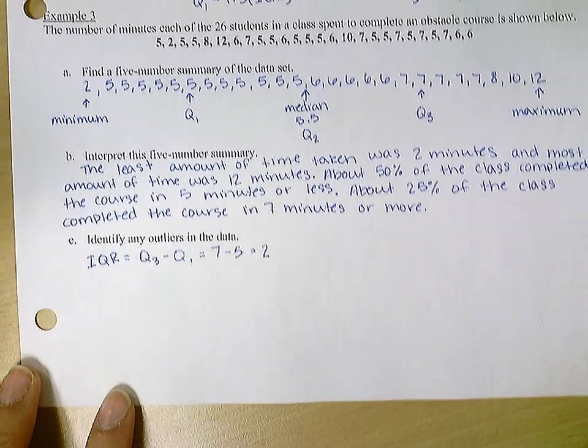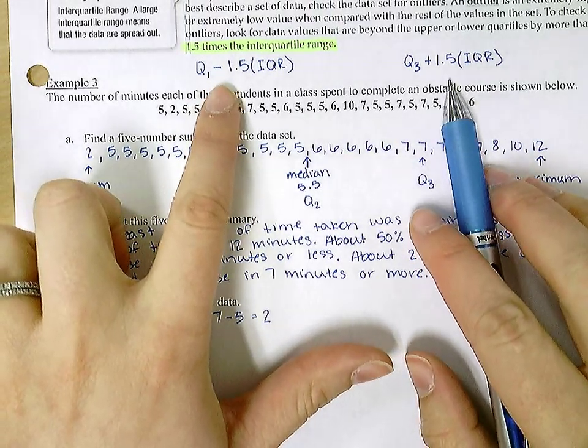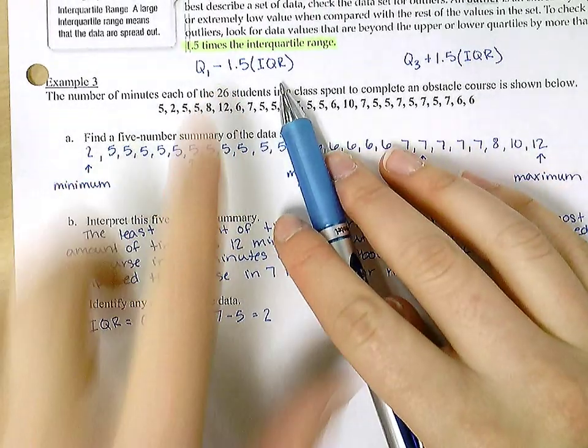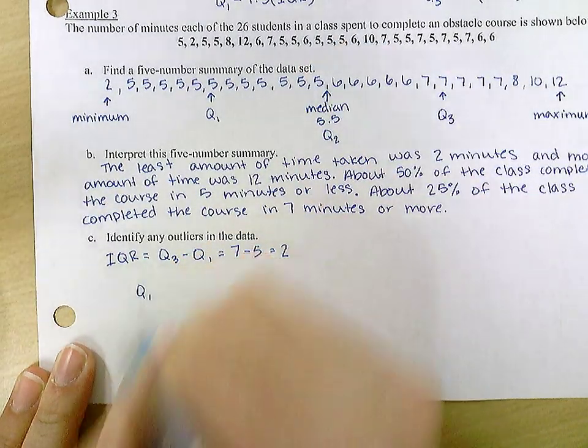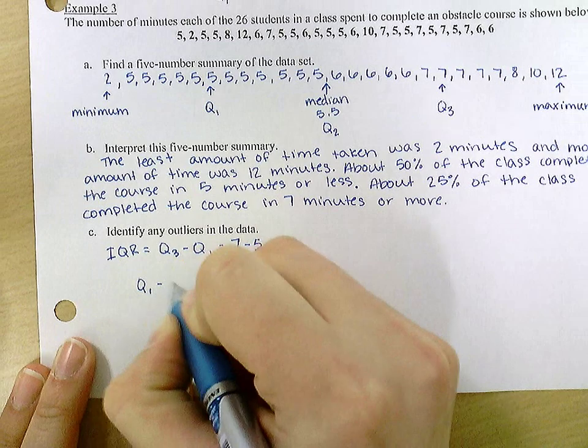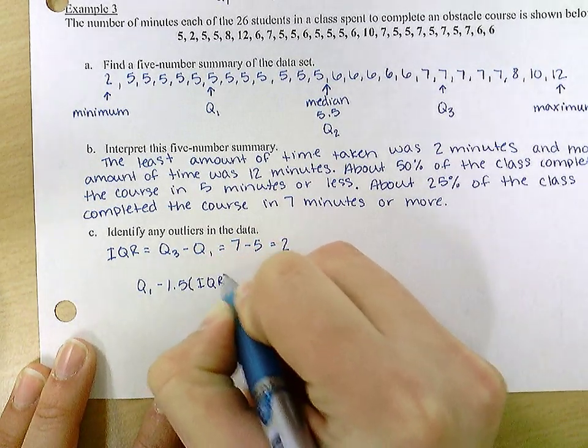Now I did write out how to find your outliers here. We're going to use these two formulas. For the first one, I need quartile 1 minus 1.5 times the interquartile range.